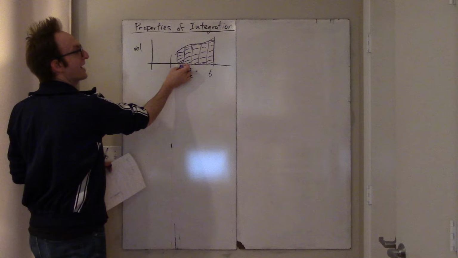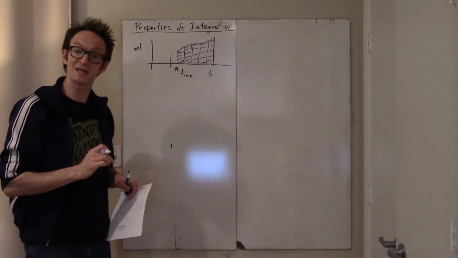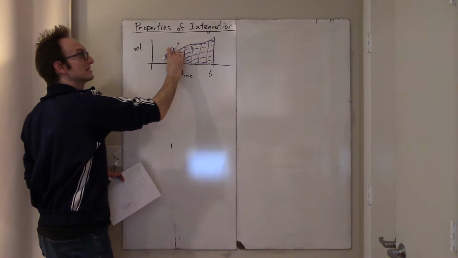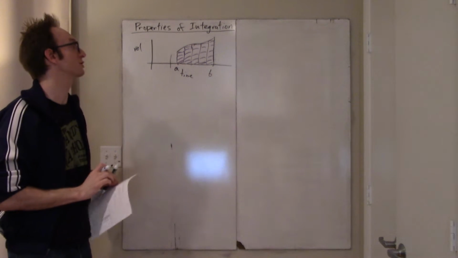And you're multiplying a tiny interval of time by the height of the rectangle, which is the velocity that you were going during that time interval. So if you go at a certain rate times a certain unit of time, then that's the distance traveled during that small unit of time.